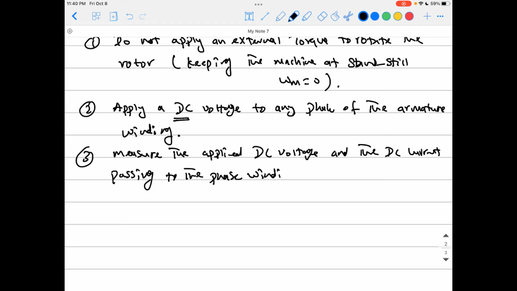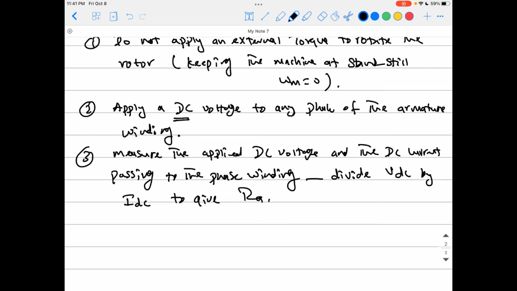So you measure both the DC voltage you already applied and the current that will go from this source to the phase, and simply divide VDC, the DC voltage, by IDC, this DC current, to give RA.